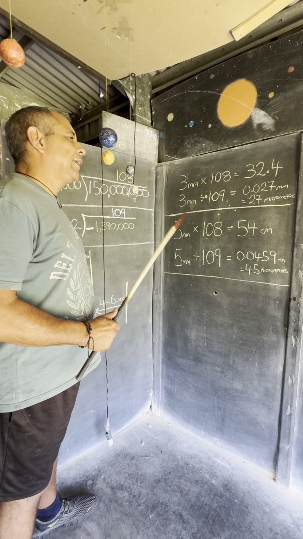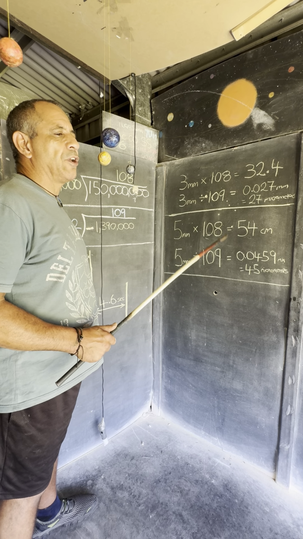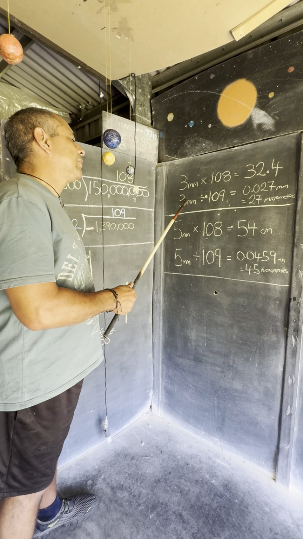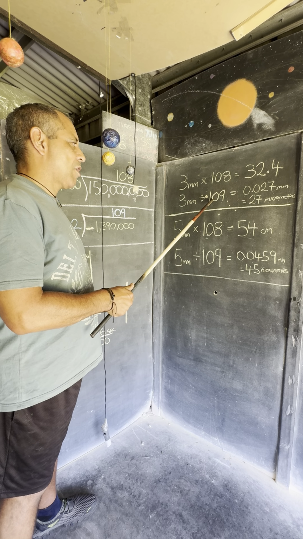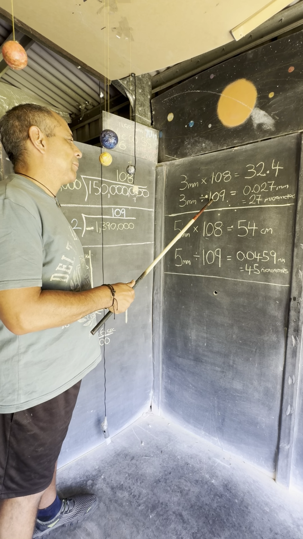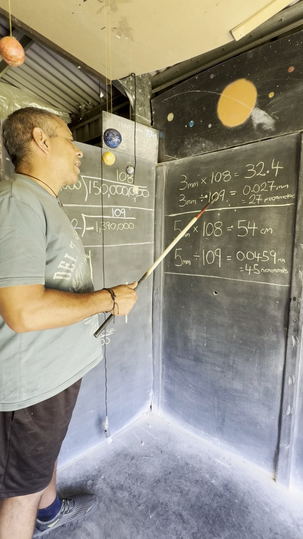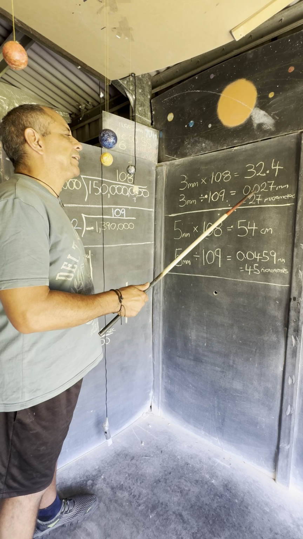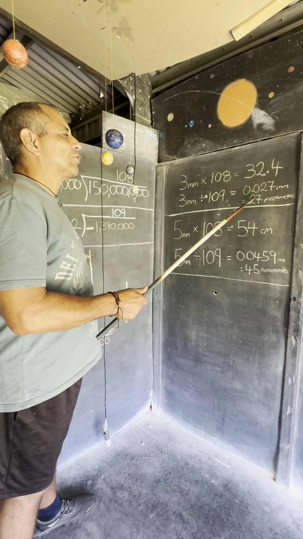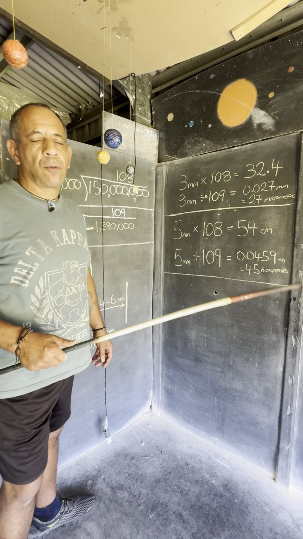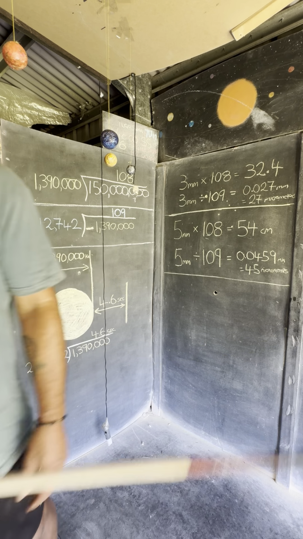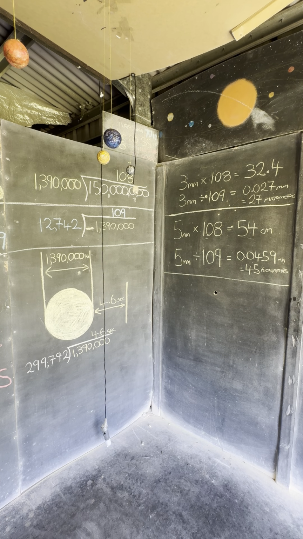So to find the diameter of Earth, we divide the Sun's diameter by 109. I'll show you why we do that in a minute. So we divide 3mm by 109, we get 0.027 millimeters. That's 27 micrometers. There are 1,000 micrometers in a millimeter.